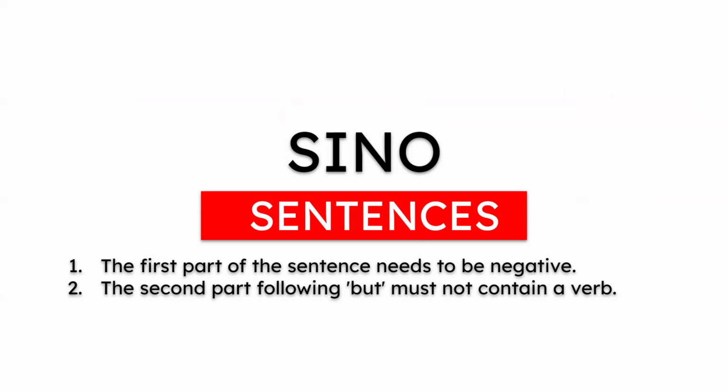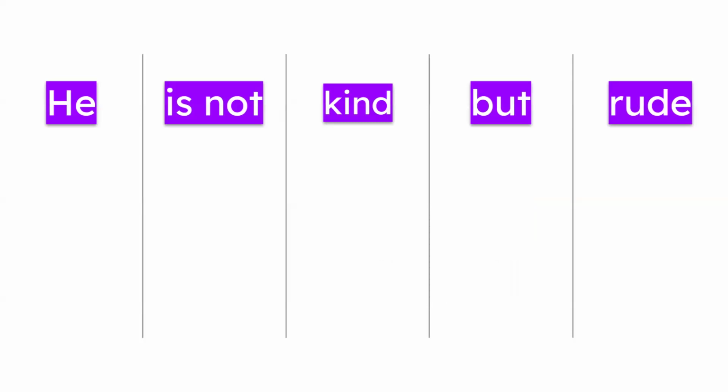That means that it mostly is an adjective or a short word that describes something. No worries, you're gonna understand this with the examples. Remember, the first part of the sentence has a negative, so it is don't or doesn't or won't, didn't, etc. A negative part, and the second one has to be a short one that doesn't contain a verb. Okay, let's take a look at the sentences.